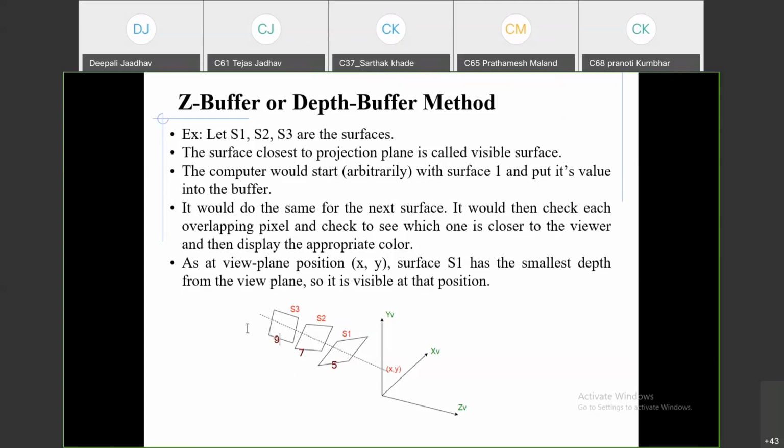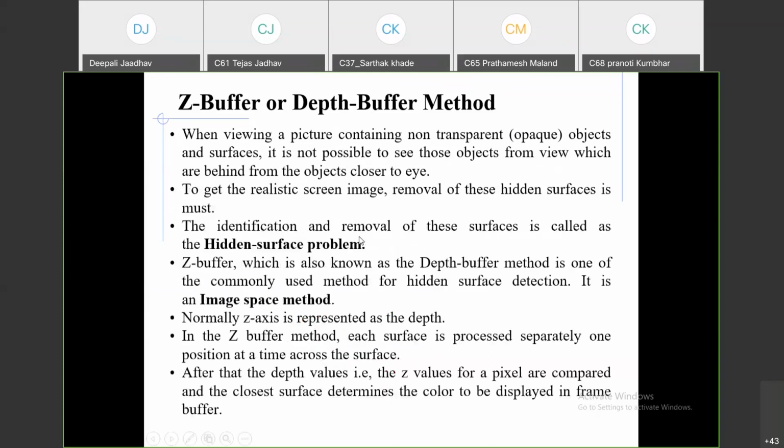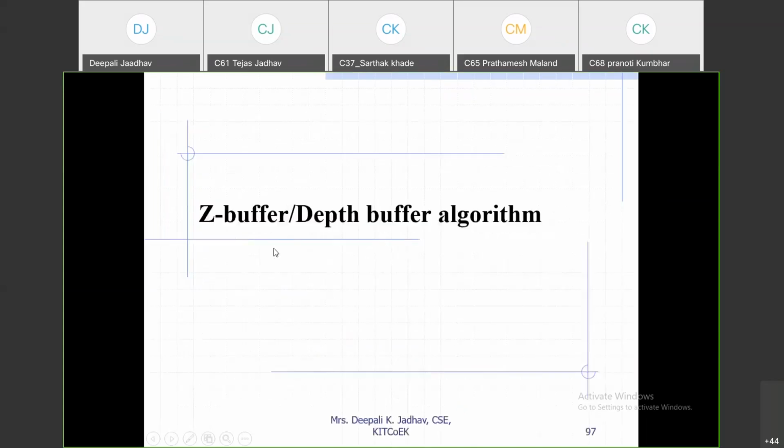And among the remaining 7 and 9, all the pixels are considered, and whatever is required is stored in the frame buffer. In this way, the Z value is compared for all the surfaces, and the closest one is considered. What is stored in the frame buffer is not the Z value; the X and Y values, or the color of that surface, are stored in the frame buffer.